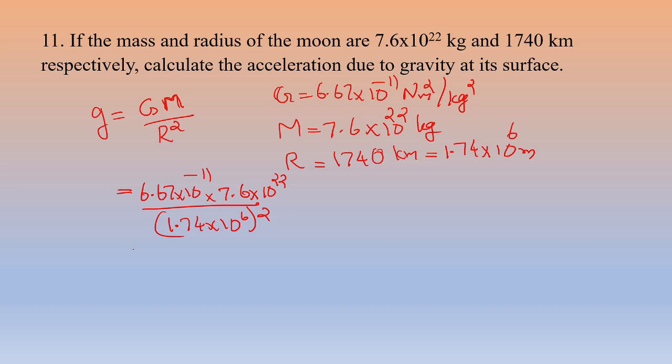So after the calculation, you can find the value of small g, that is acceleration due to gravity, on the surface of the moon is 1.67 meter per second square. You can just compare this value with 9.8 meter per second square on the surface of the earth.